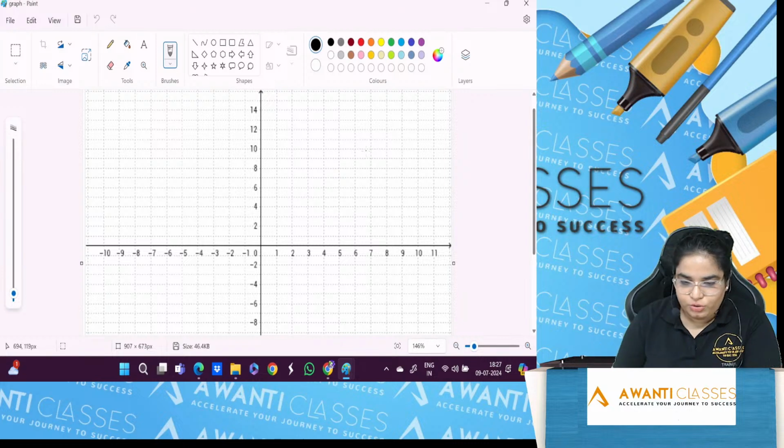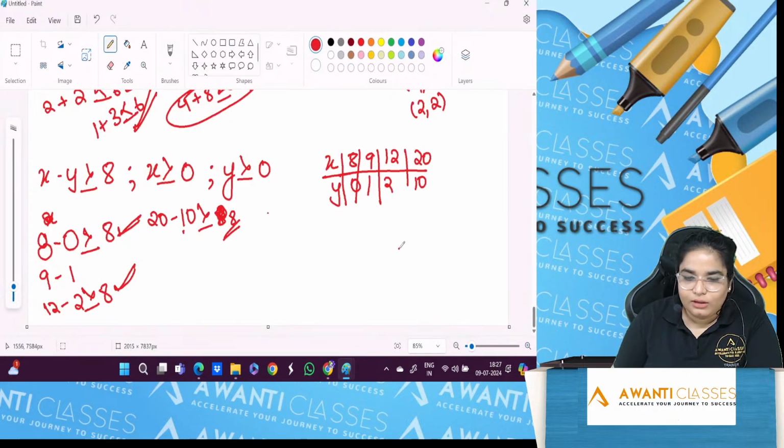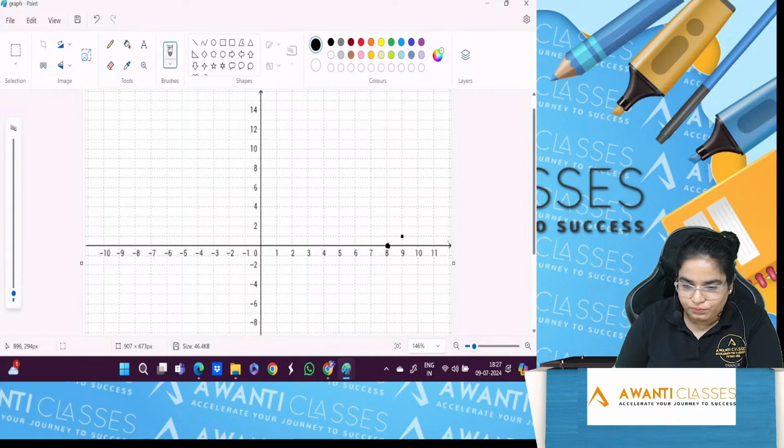Minimum x should be 8. Y can be 0. What is the second one? X is 9, y is 1. Then what? 12 and 2.